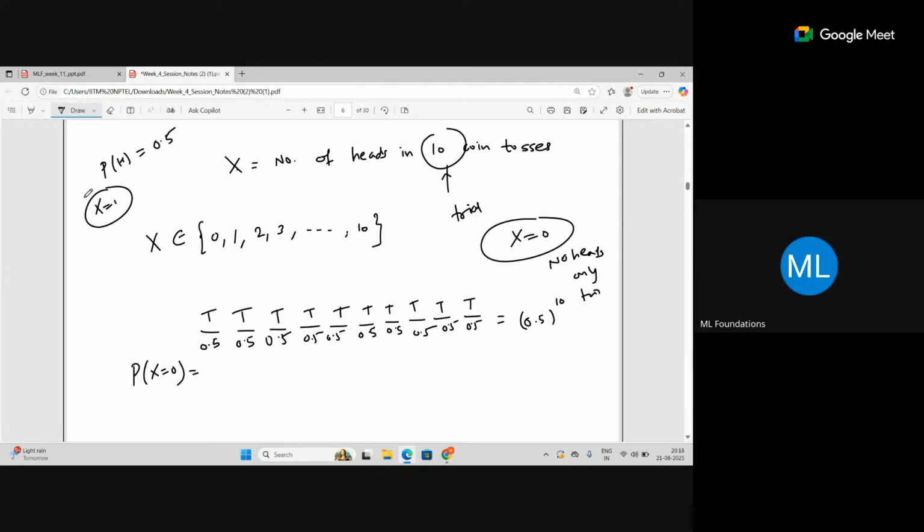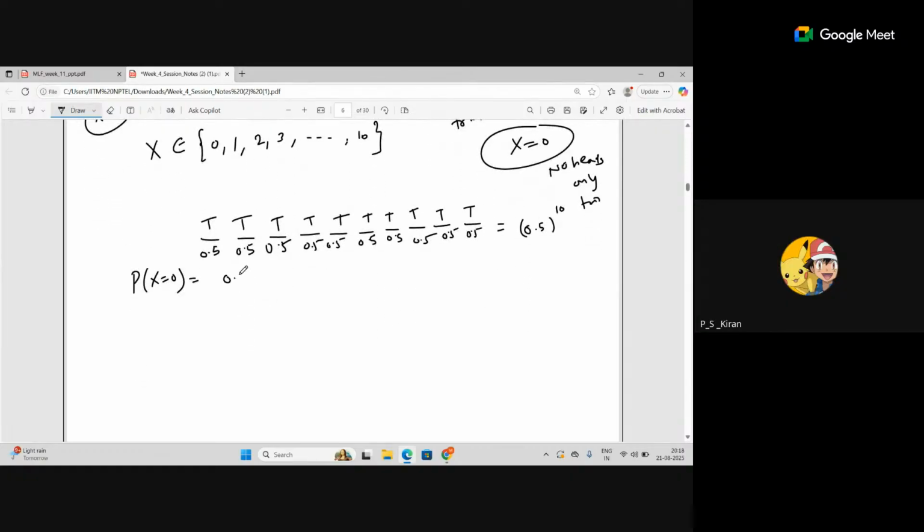Okay, what is the probability that x equal to 1? What do you mean by x equal to 1? There is one head, that means one head in 10 tosses. But here is a catch. The head can appear in any of the tosses.